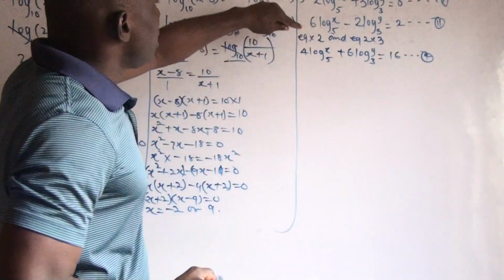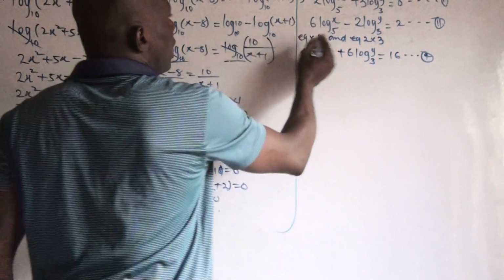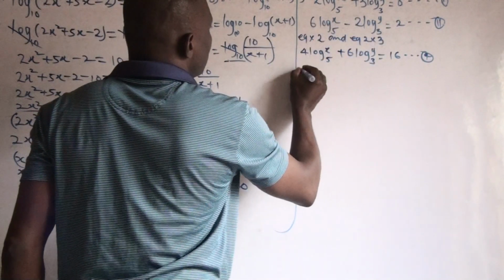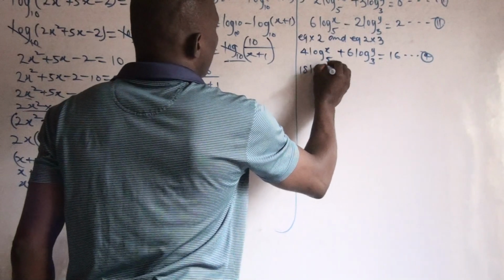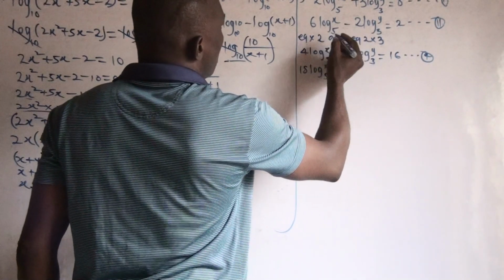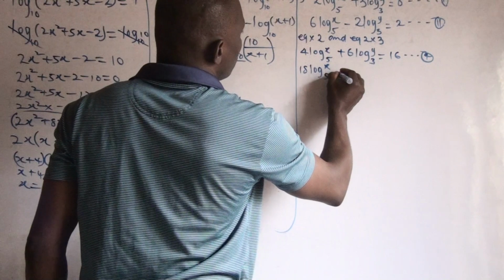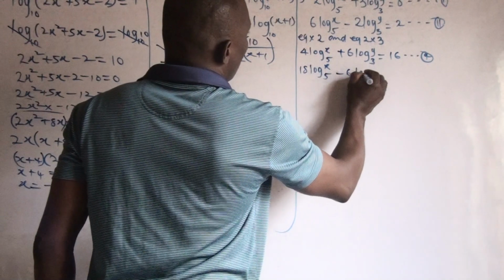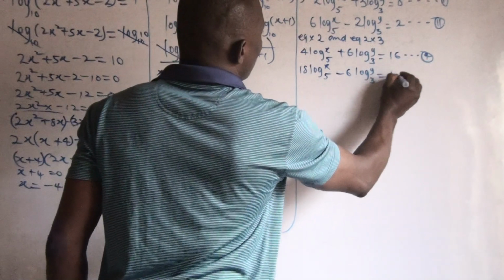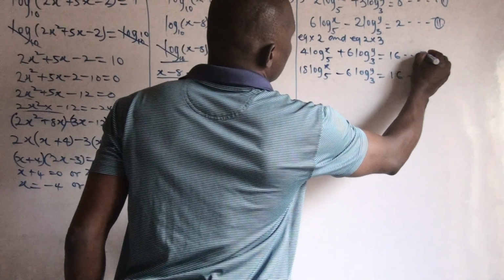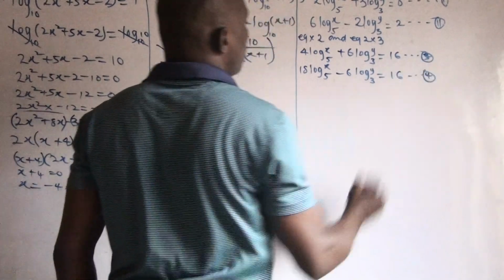Then we say equation 2 times 3. 3 times 6 will give us 18 log x base 5. 3 times minus 2 gives us minus 6 log y base 3 is equal to 16. This is equation 3, and that is equation 4.